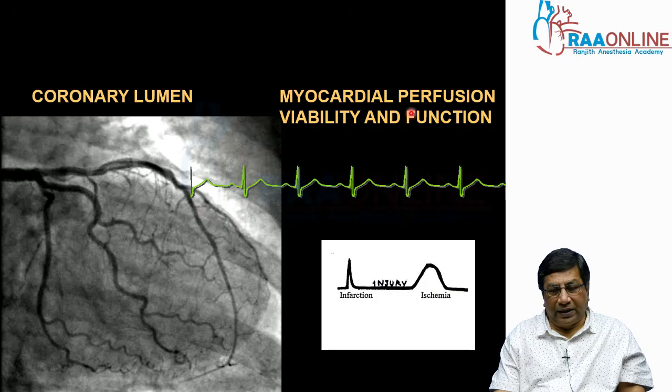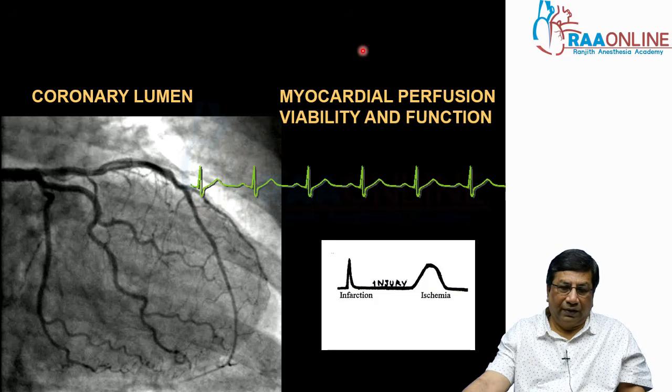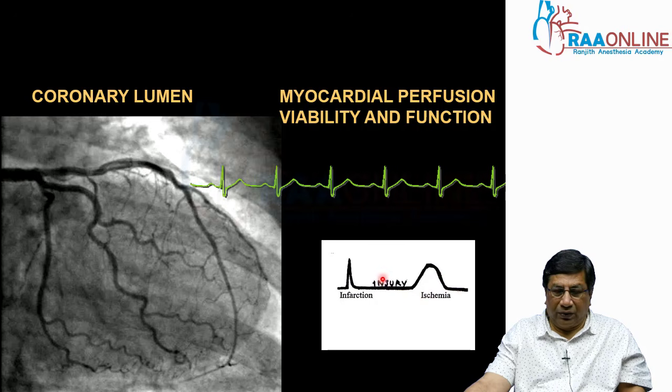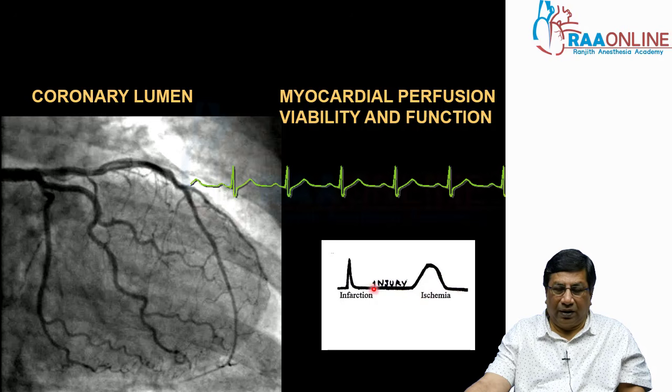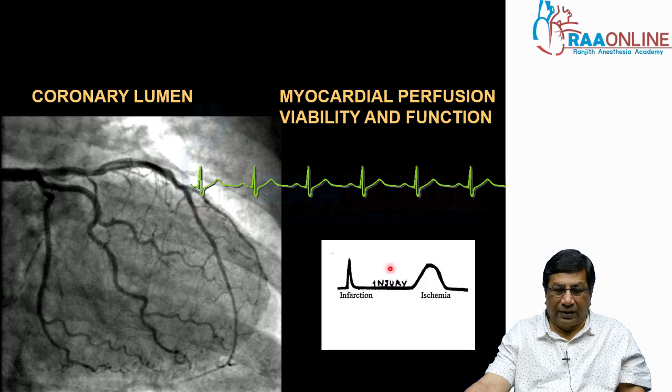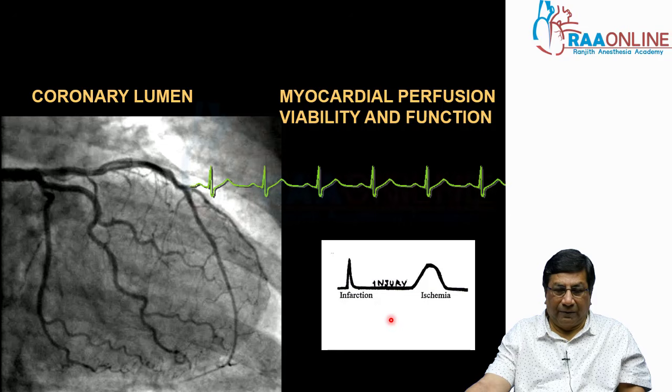So the ECG changes of coronary artery disease are divided into ischemia, injury, and infarction. Ischemia affects the T wave. Injury, the most important segment of electrocardiogram, is ST segment. Injury is always due to acute coronary syndrome. So acute coronary syndromes are going to be manifested in either ST segment elevation or ST segment depression.